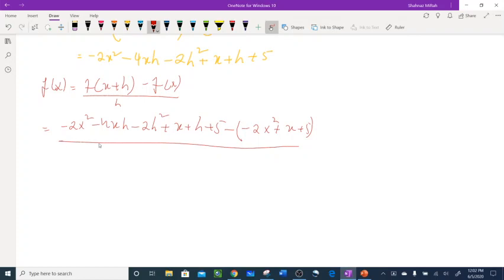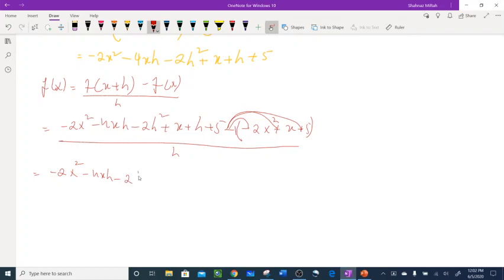In the bottom, we have h, which is going to stay. Now, let's distribute because we have to get rid of the parentheses. So this is an invisible 1, so the negative is going to go negative, negative is going to go positive, negative is going to go another positive. So let's try that, and then we combine like terms, if we have any.